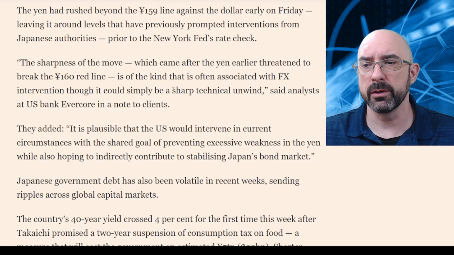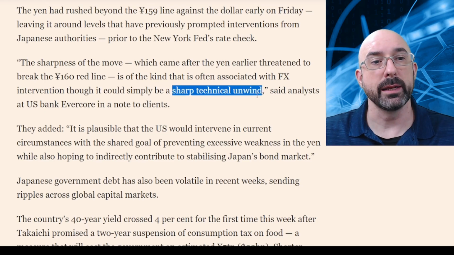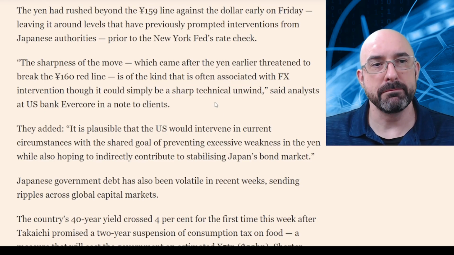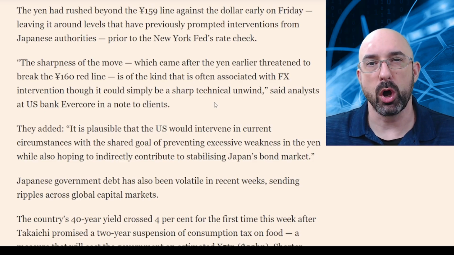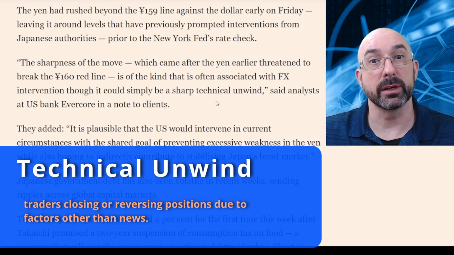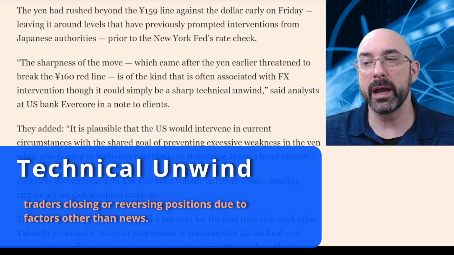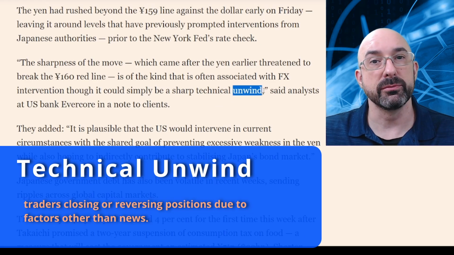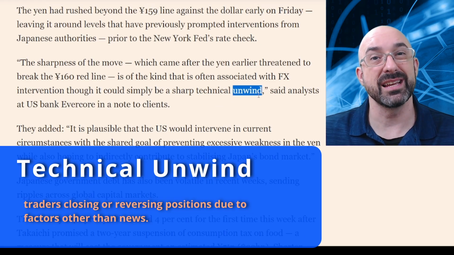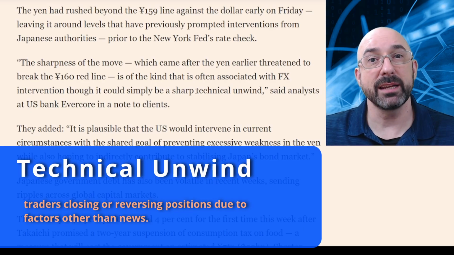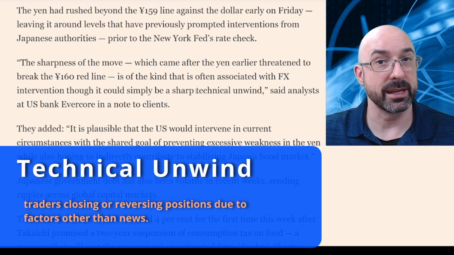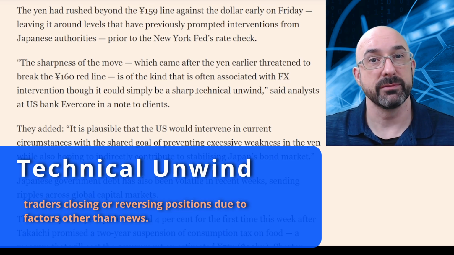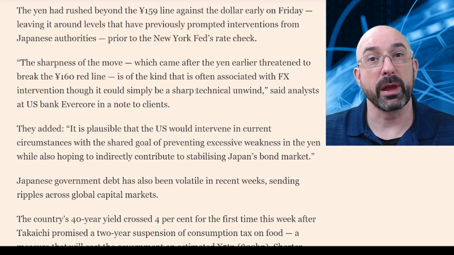Our other phrase here, sharp technical unwind. A sharp technical unwind means the market was moving without the intervention. Unwind usually means to get out of market positions. So people were selling things. In this case, technical means that the trades were made not because of an intervention, but because of other technical data they received, whether that's the price moving, the price going up rather quickly.